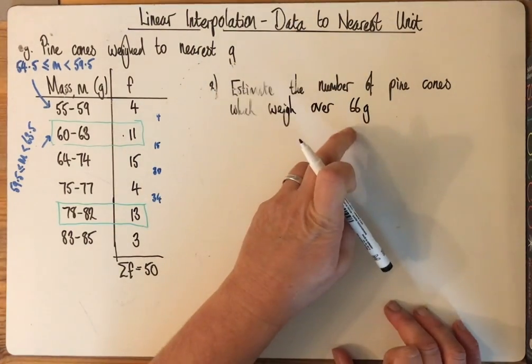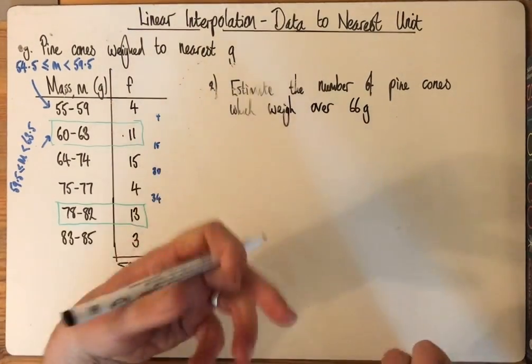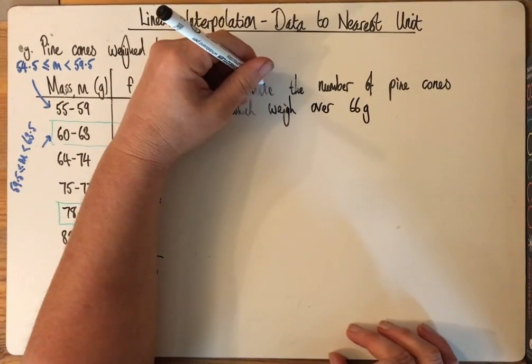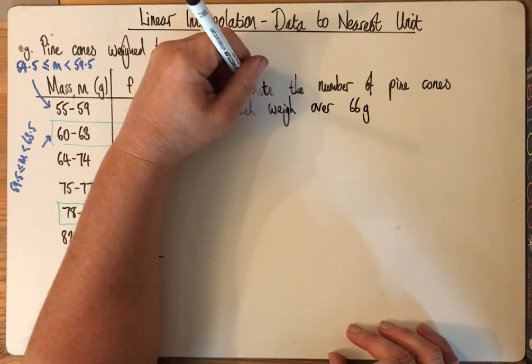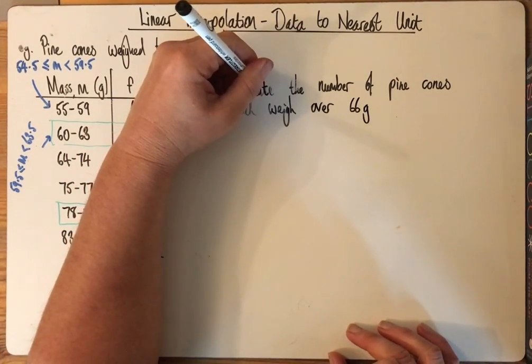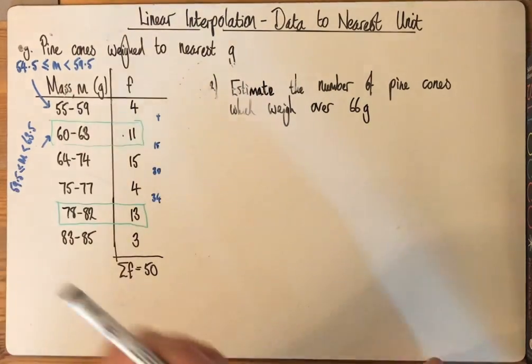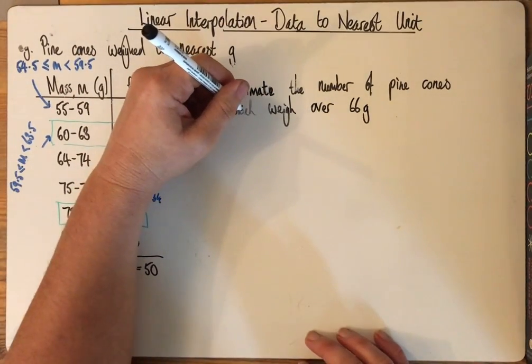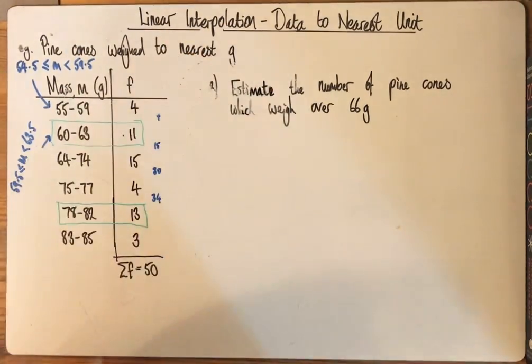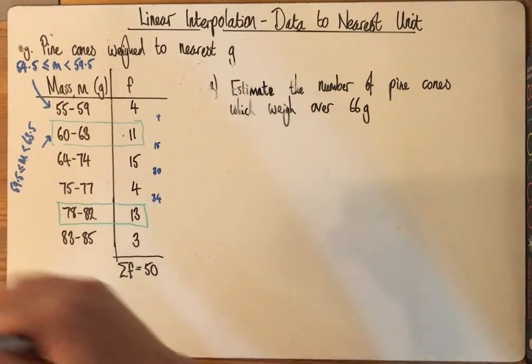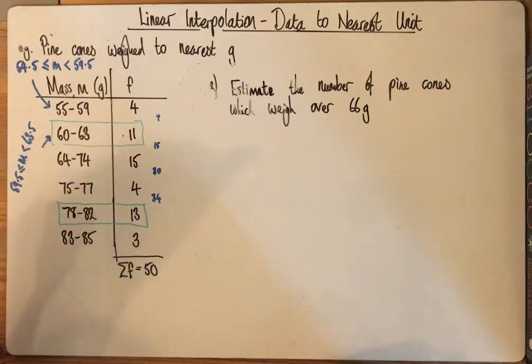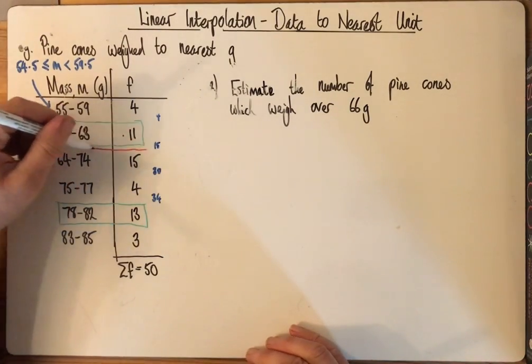This isn't data to the nearest unit now, it's just how many weigh more than 66 grams. So this is still linear interpolation, but it's just going back the other way because we want to find the number of pine cones now. So with this 66 grams, we're coming into here.